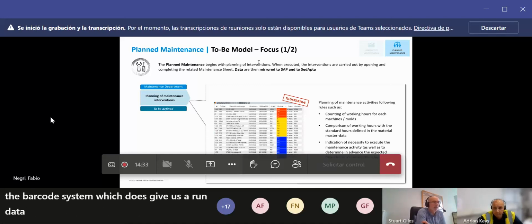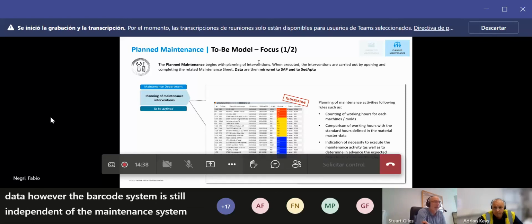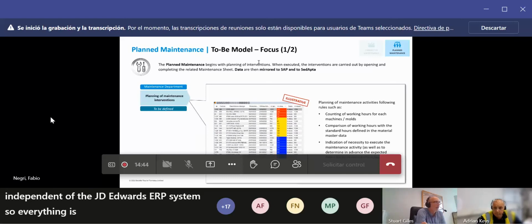However, the barcode system is still independent of the maintenance system. It's independent of the JD Edwards ERP system. So everything is not linked, and it requires more of a manual overview to ensure that we are achieving the dates and times we require.